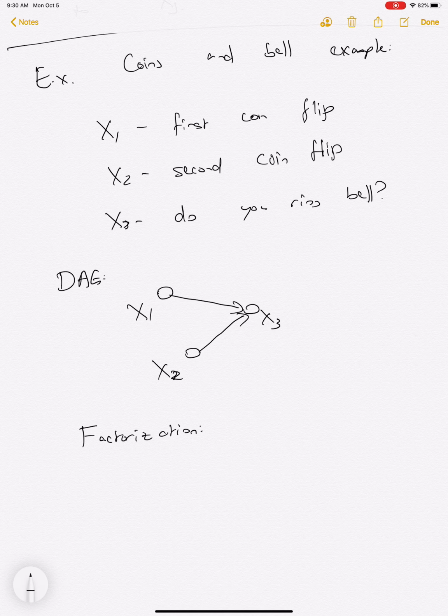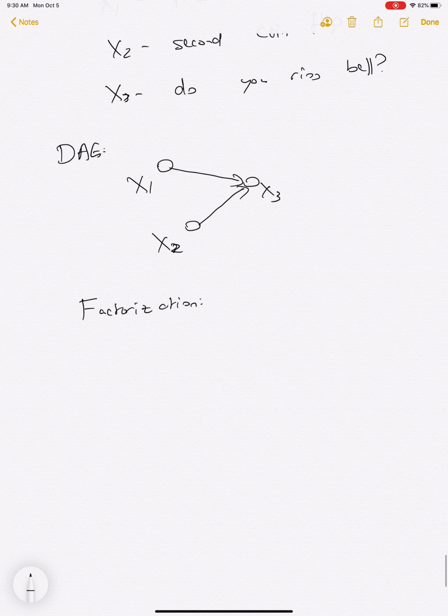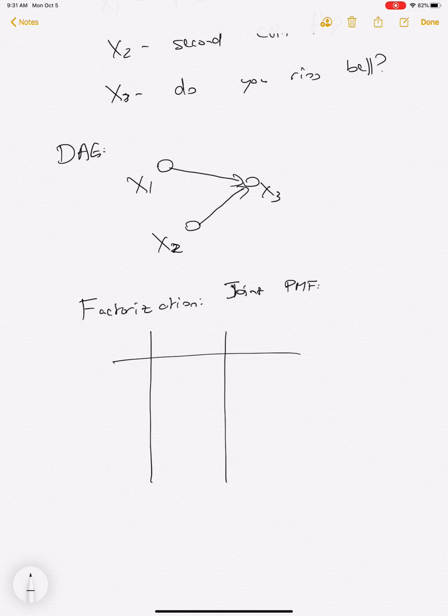And this we can actually calculate explicitly because we know the joint PMF, probability x1 equals x1, x2 equals x2.